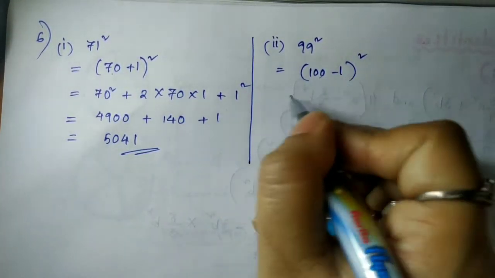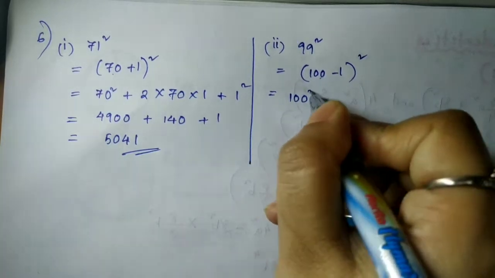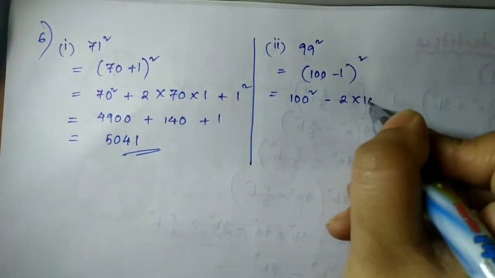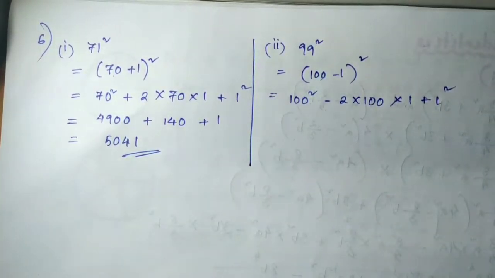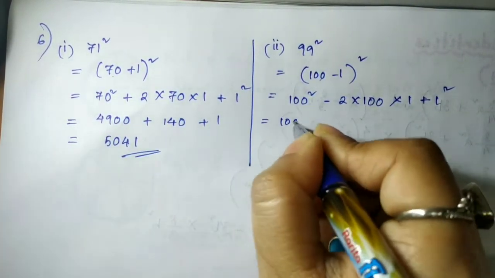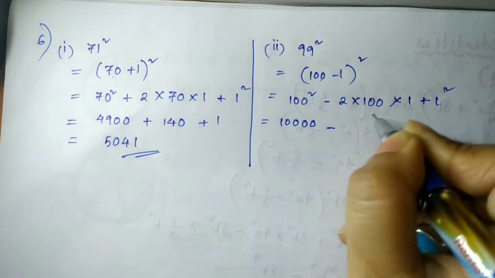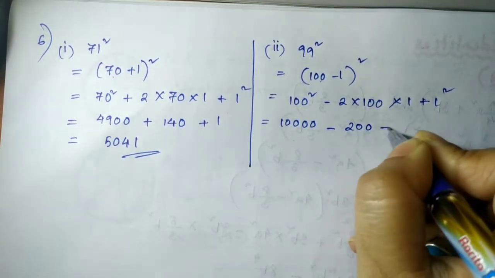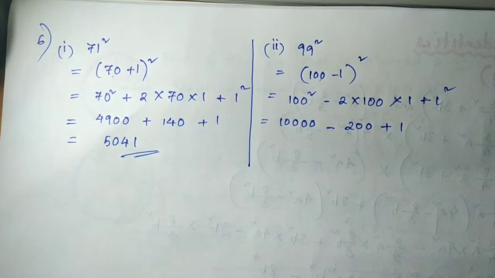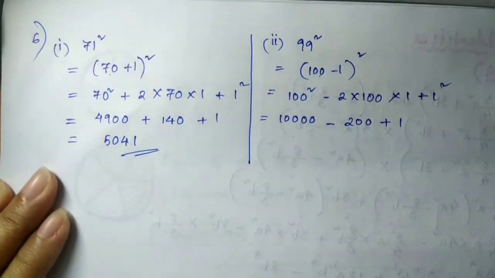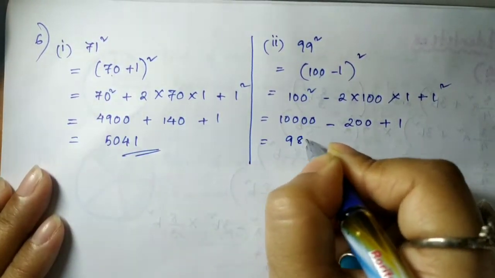This is my a, this is my b. So this is a² − 2ab + b². So 100 square equals 10000 minus 200 plus 1. So let's subtract it.